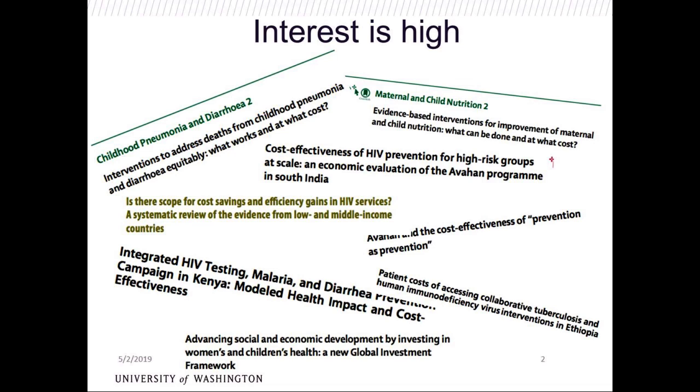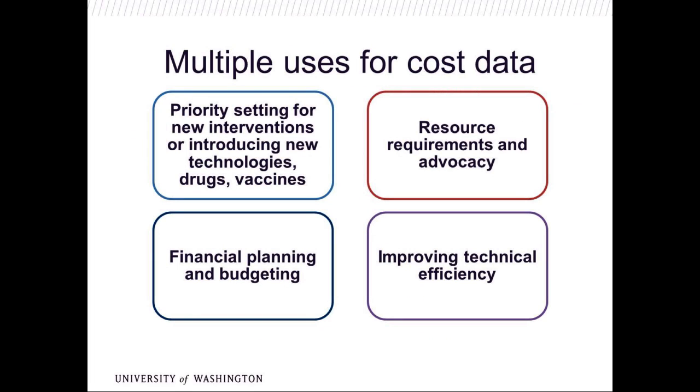There is no shortage of studies on cost and cost-effectiveness. Raise your hand if you've ever used this data in your own work to identify what works and doesn't work. Has anyone used and read these articles?